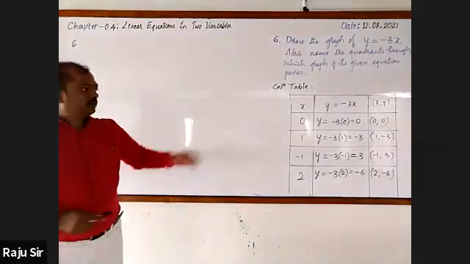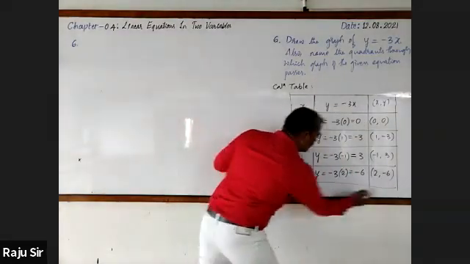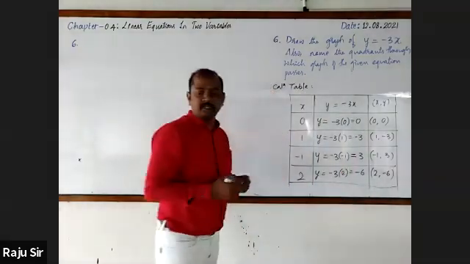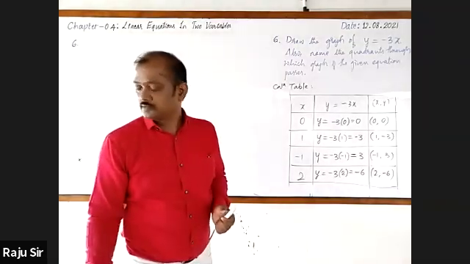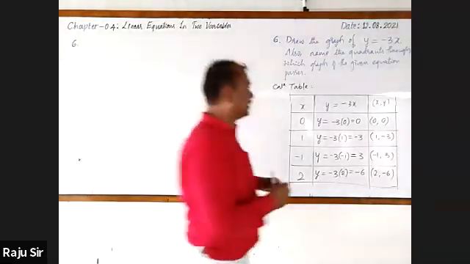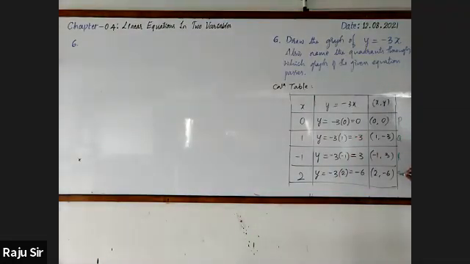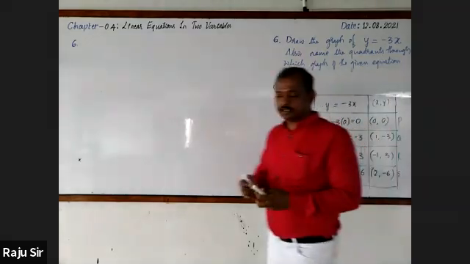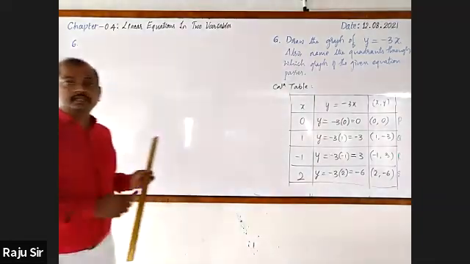Dear students, we have found out 4 coordinates of 4 points, and you may name these points as P, Q, R and S. Next, use the Cartesian plane.